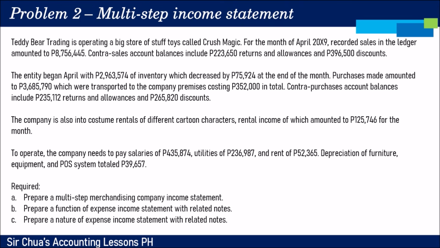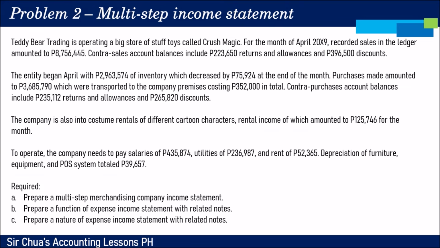So, ibig sabihin, yung amount ng inventory at the end, bumaba ng 75,924. Okay? And then, nandyan din po yung ating purchases, yung freight natin, and then purchase returns and allowances and purchase discounts. Tapos, meron din pong rental income. So, that's other income kasi they are into selling stuffed toys, diba? Pero nagre-rental income din sila. So, automatically, other income yan.